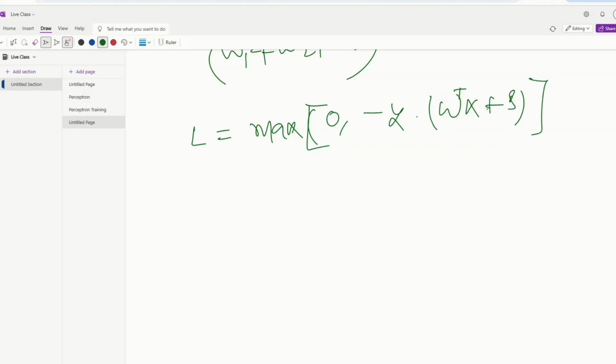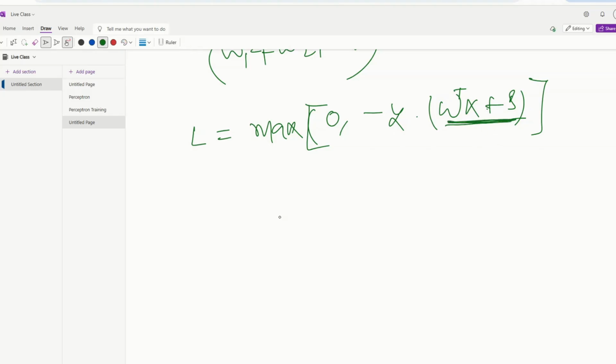Right, so here, wTx plus b is the equation of a plane. Let's suppose it's two dimensional, it can be a plane; in more than two dimensions, three, four, it can be a hyperplane.